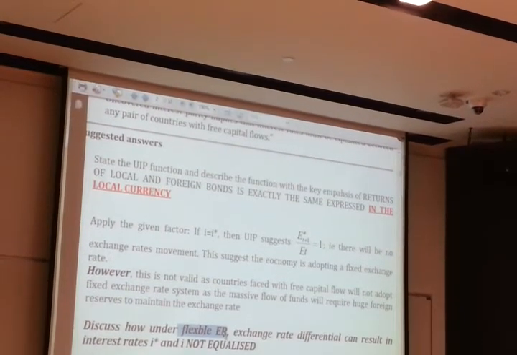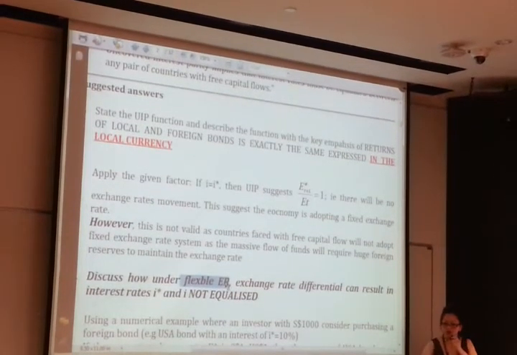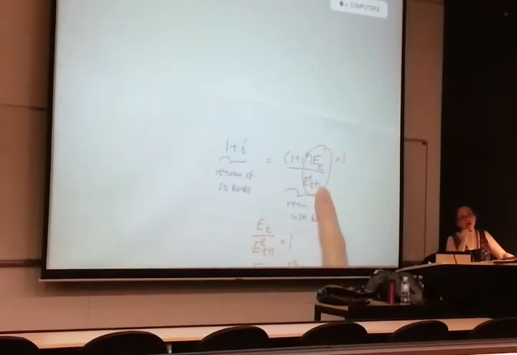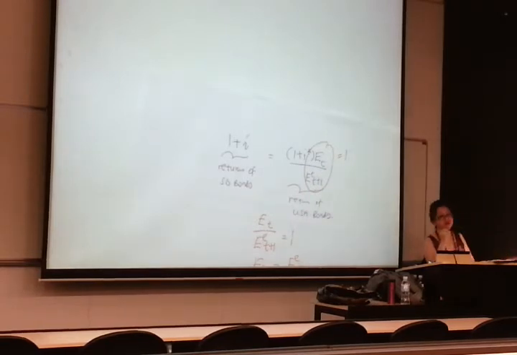Right, so when it is now flexible exchange rate, what is the intuition? Okay, the intuition of course is this value here is not equals to 1 anymore. Alright, because your future exchange rate can go up or can go down. So if this value here is not equals to 1, i is not equals to i star. So it's not difficult, just that you might have been intimidated by the equation already and you thought it was beyond you.